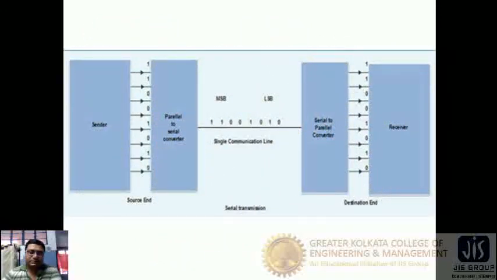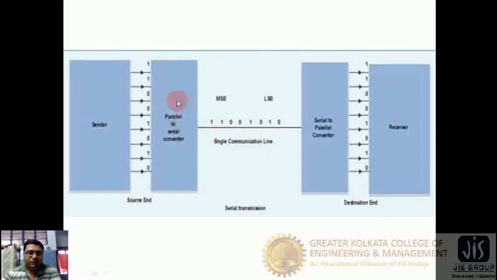It is an example of how the transmission takes place for a digital signal. Here we can generate a parallel digital signal, and the parallel digital signal is converted to a serial transmission of data.